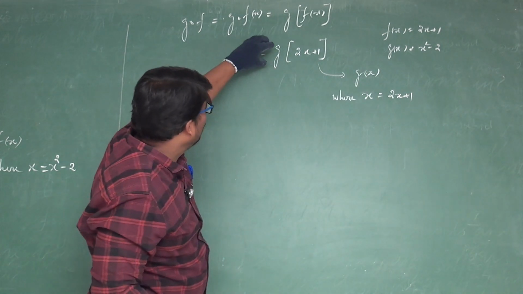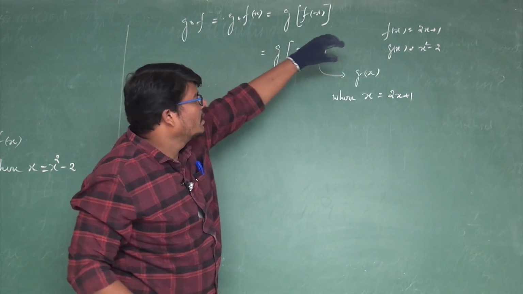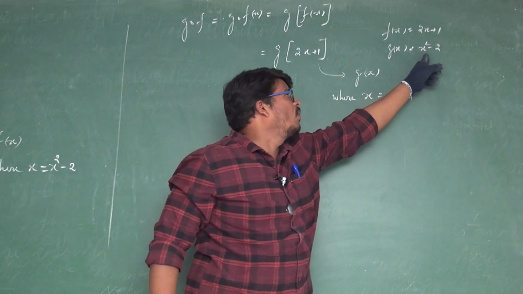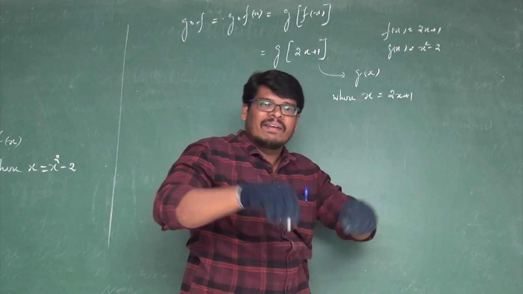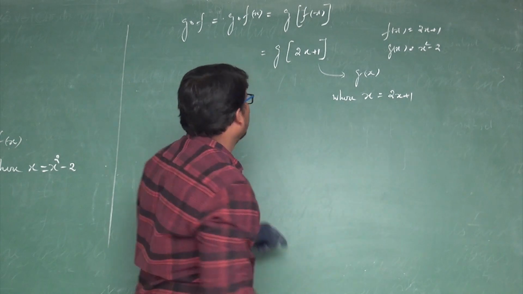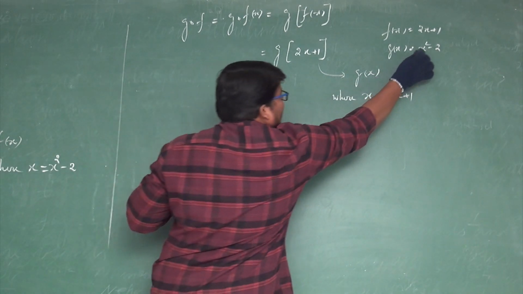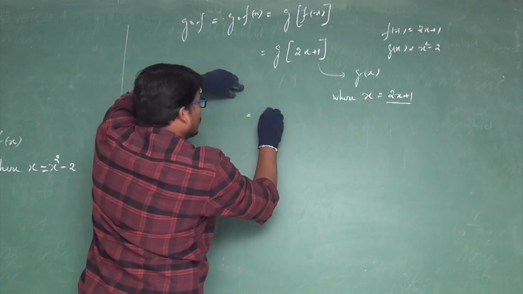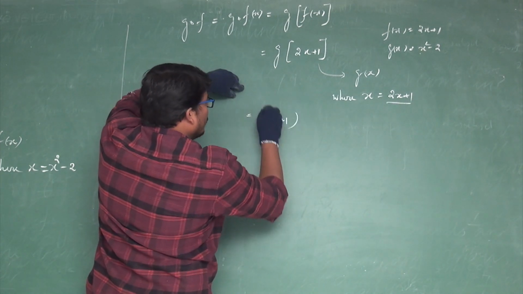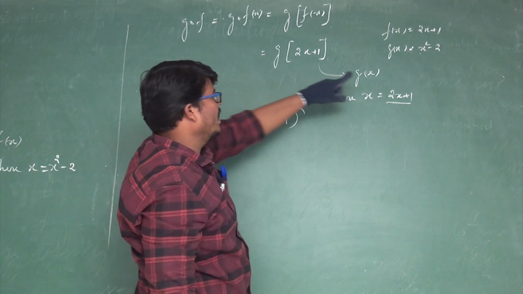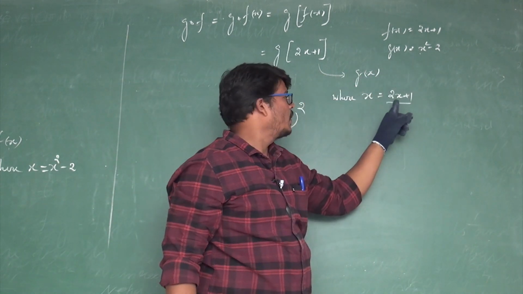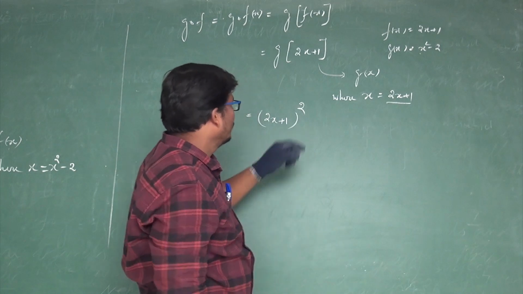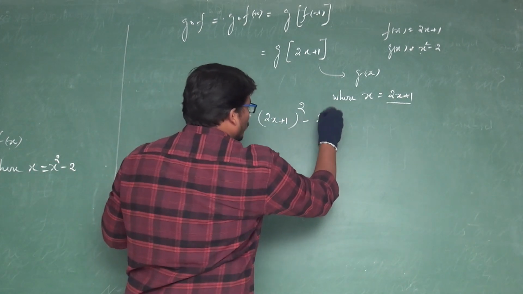Now substitute the value in g(x) = x² − 2, where x is 2x + 1. So (2x + 1)² − 2.